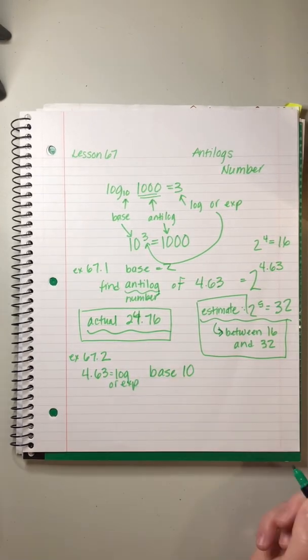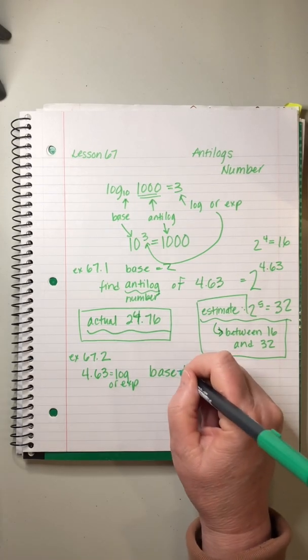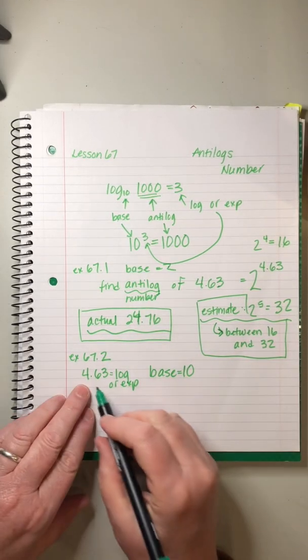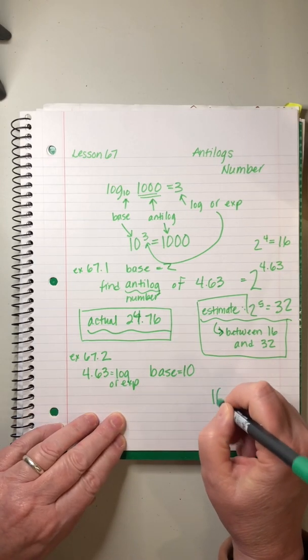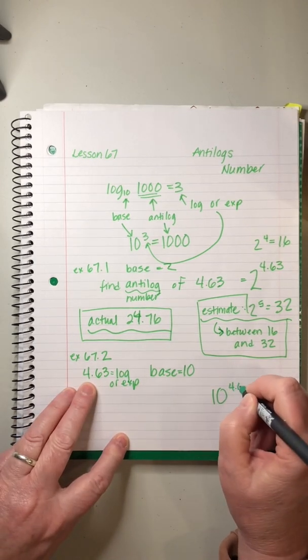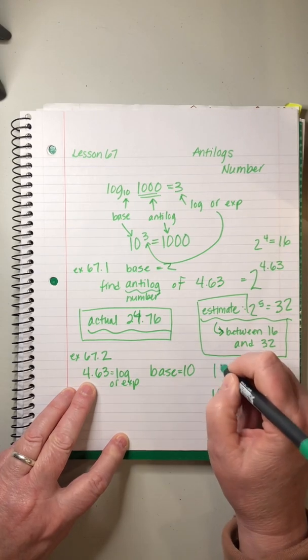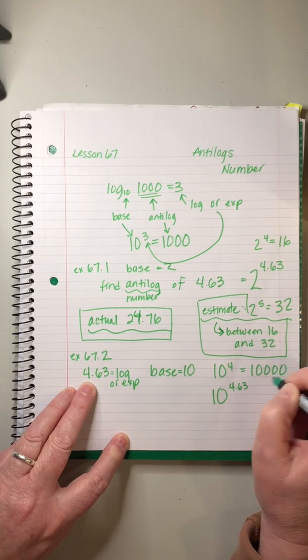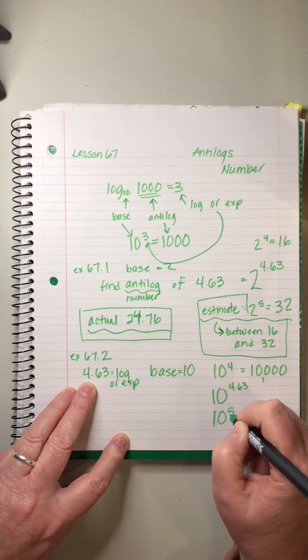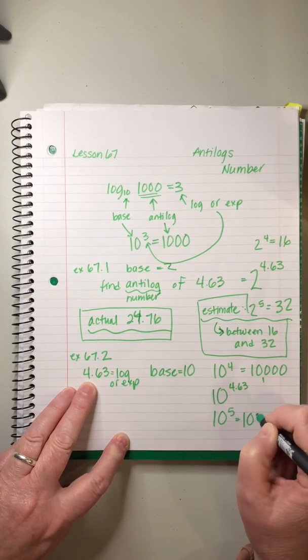The trickiest thing in these problems when we're starting out is just identifying which number is which. So base is 10, and the log is 4.63. Okay, this is a fun one to estimate, right? 10 to the 4th is going to be 10,000. 10 to the 5th is going to be 100,000.